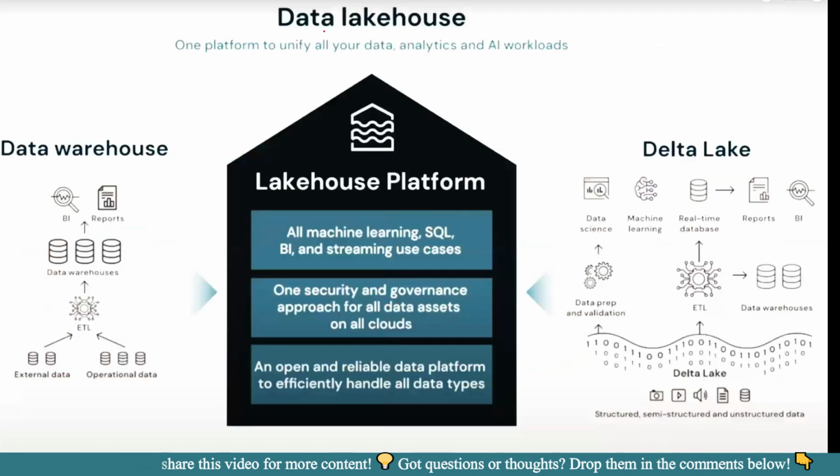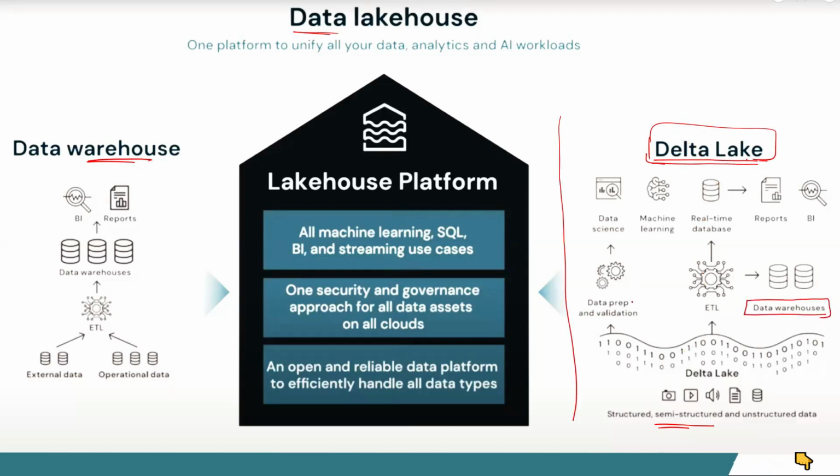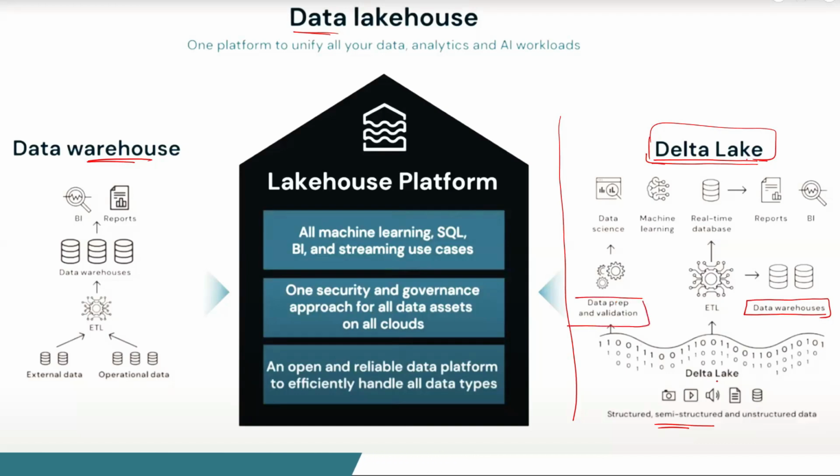This is the diagram for the data lakehouse, where you combine the data warehouse and the data lake together, and you reach this scenario, which is called Delta Lake. If you see in this diagram, your data warehouse and your unstructured data or data lake are combined in Delta Lake.